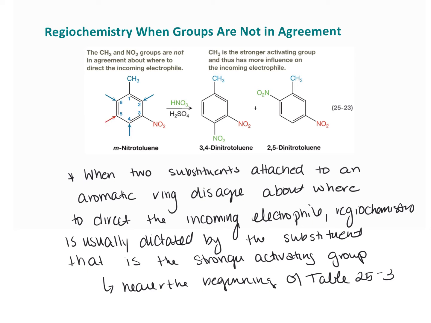When we look at this, CH3 is going to be a stronger activator than NO2. Okay, so that's written for you right here. CH3 is the stronger activating group. And so because it's the stronger activating group, it is going to have more influence on the incoming electrophile. Okay.